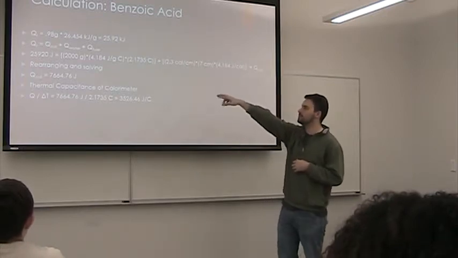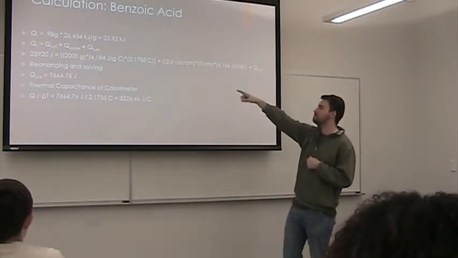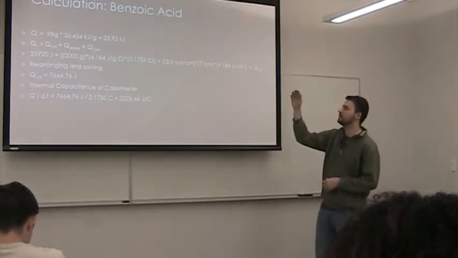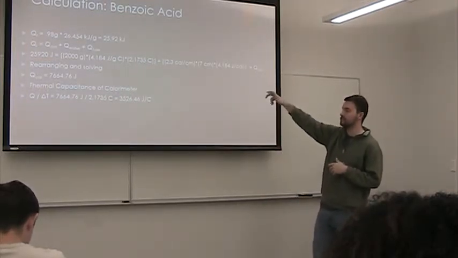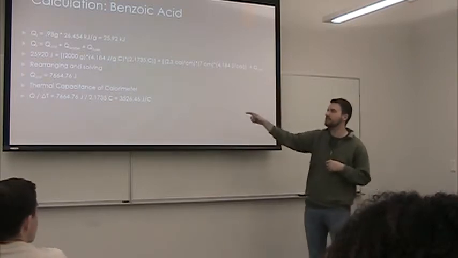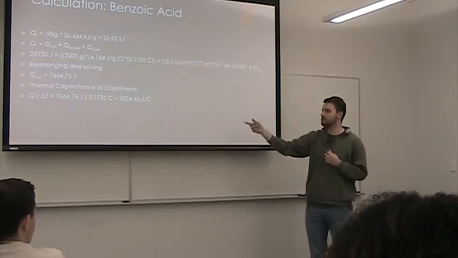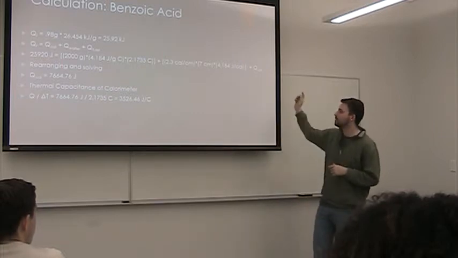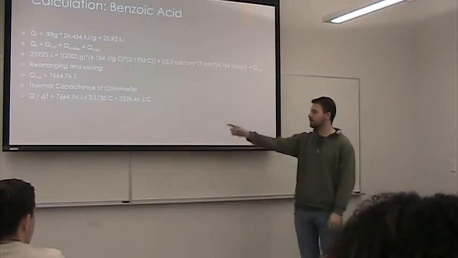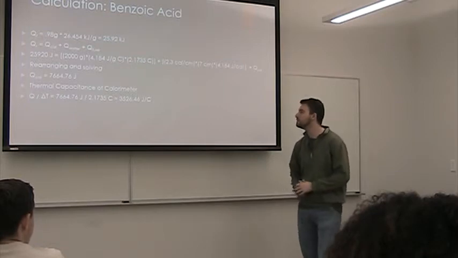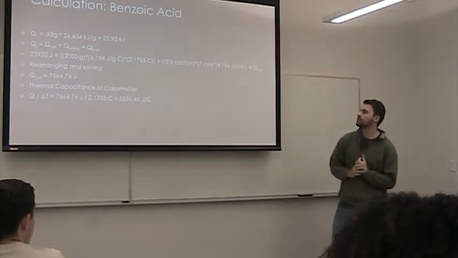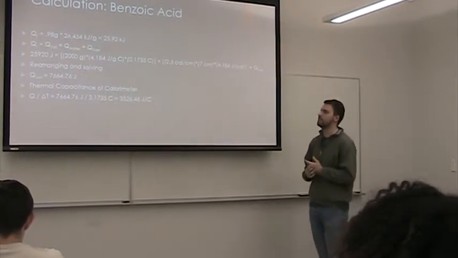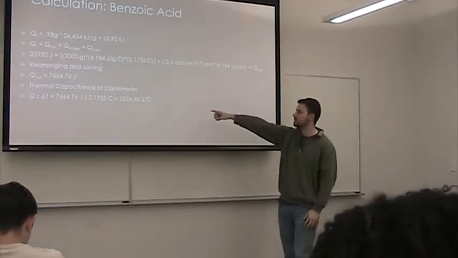If you set that equal to all the other mass that you have present in the system, you have the energy of the calorimeter, plus the energy absorbed by the water and the energy given off by the fuse. You plug all those numbers in and solve for the energy of the calorimeter, and then you divide that by the change in temperature, and you get the thermal capacitance, which was this number here.